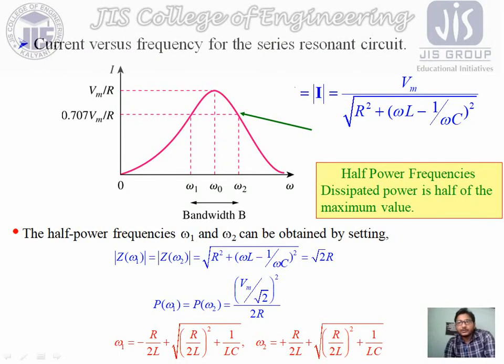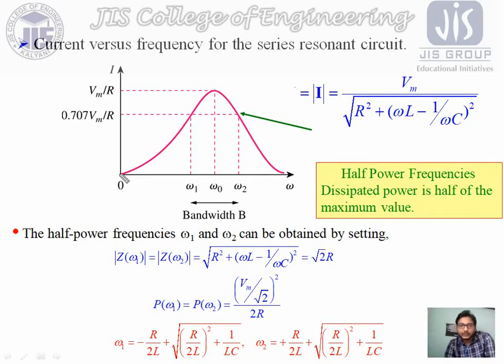Now we can see the graph. We have already discussed this graph, based on the frequency, what the current response will be. If we change the frequency, this is the angular frequency omega.